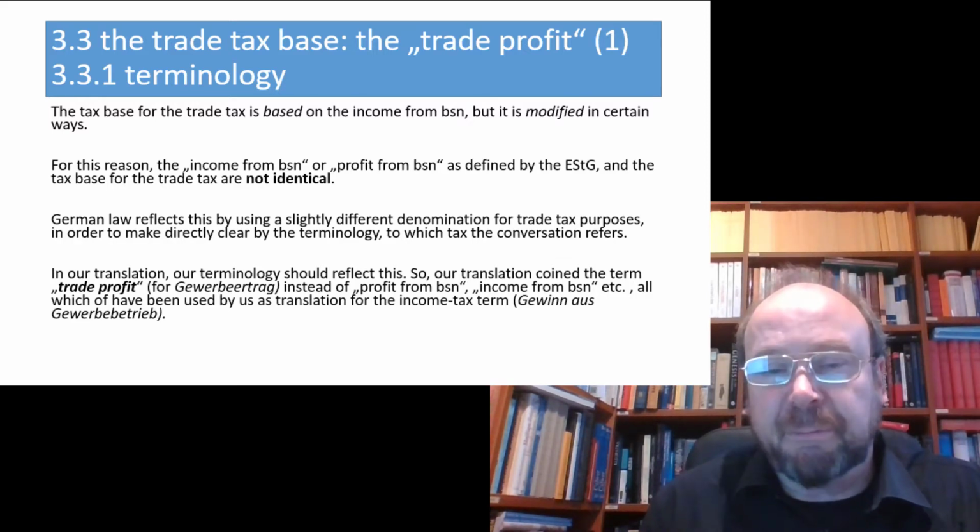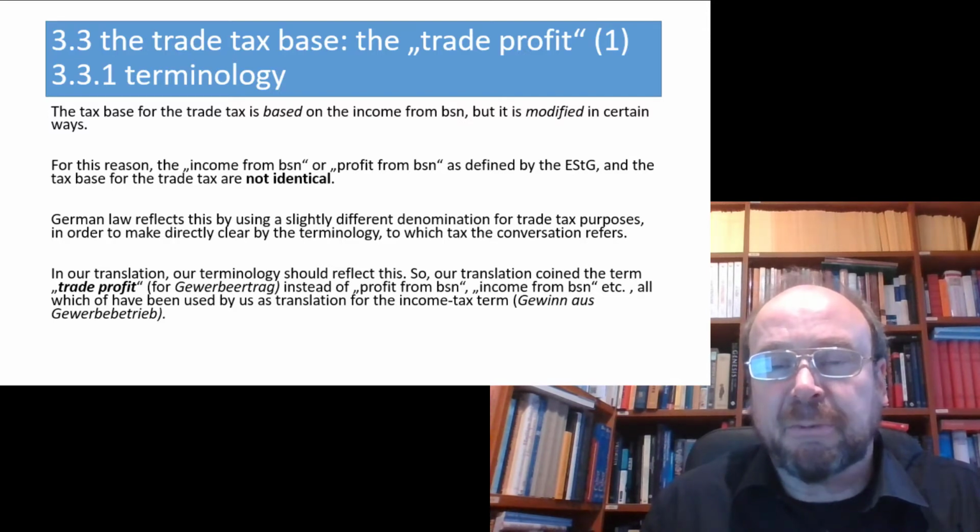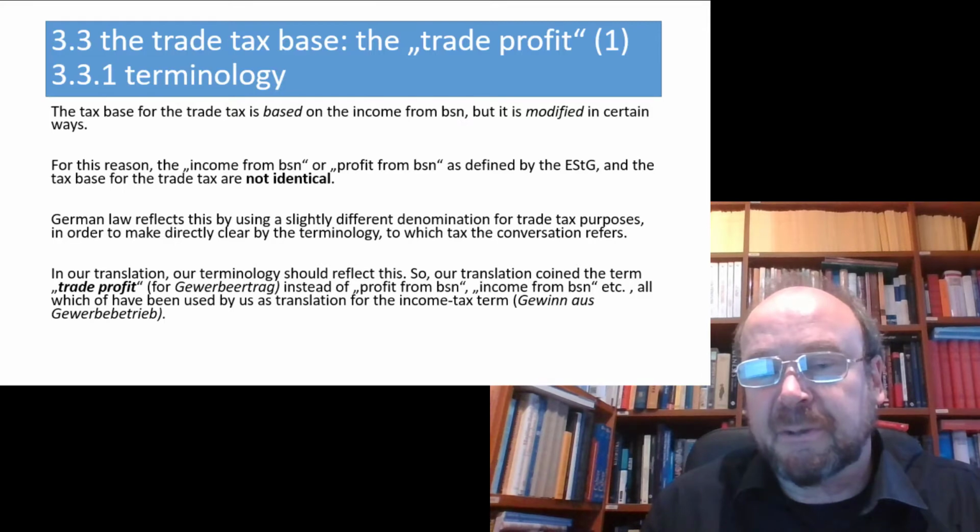Instead of profit from business, income from business, or the like, all terms which we have already used for income tax related terms. In German, the German word for trade profit would be Gewerbeertrag, and the German word for the income tax term would be Gewinn aus Gewerbebetrieb.